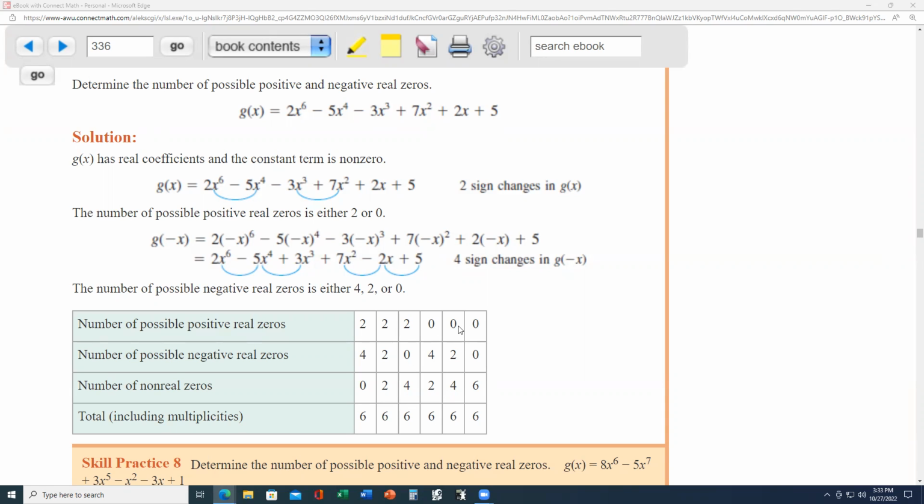Or I could have no positive zeros, 2 negative real zeros, 4 complex zeros for a total of 6 zeros. Or the only other scenario is I could have no positive real zeros, no negative real zeros, but then I would have to have 6 complex zeros, in which case I would have 3 pairs of complex conjugates for my zeros.